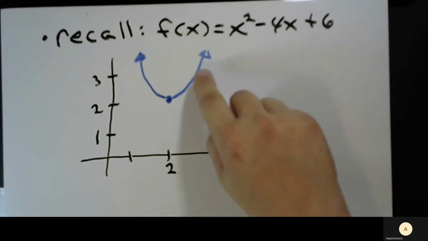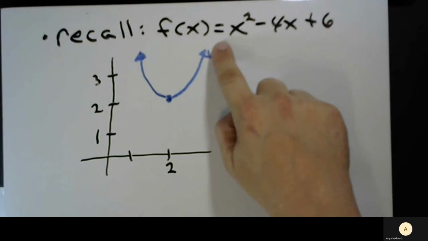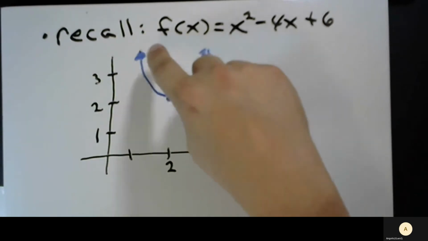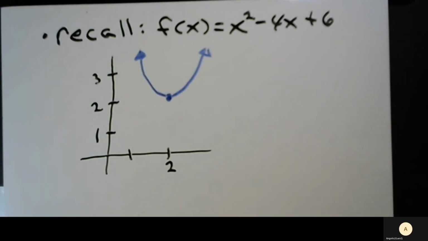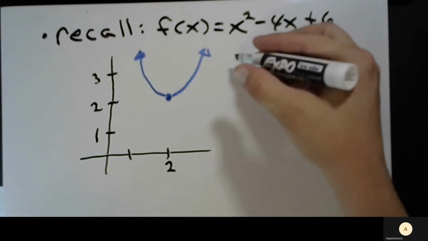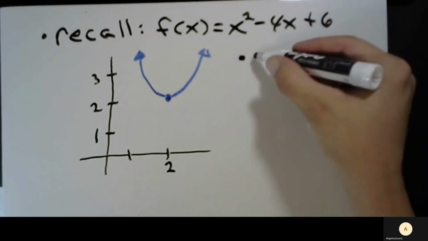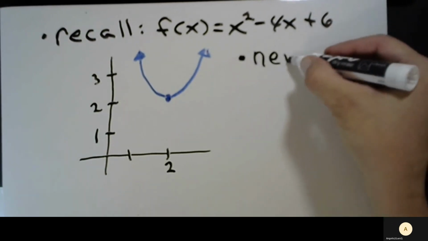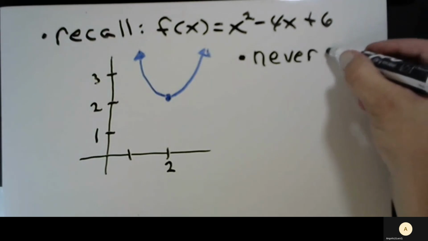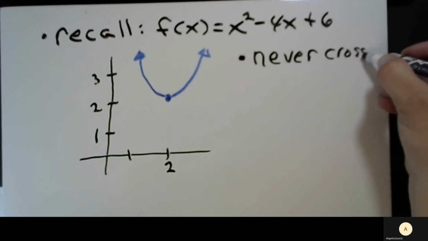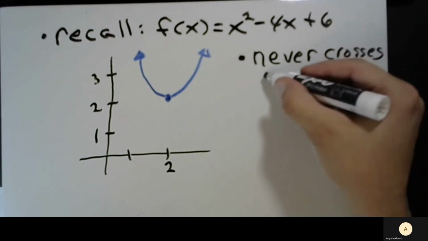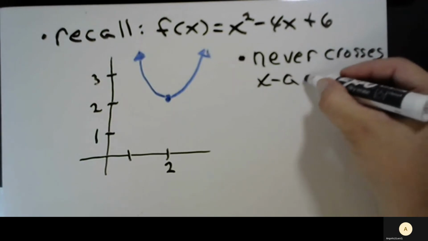If we think about it, with this branch going up and this branch going up, it's never going to cross over the x-axis. So if you try to find the x-intercepts for this, what's that going to look like algebraically? So this never crosses the x-axis.